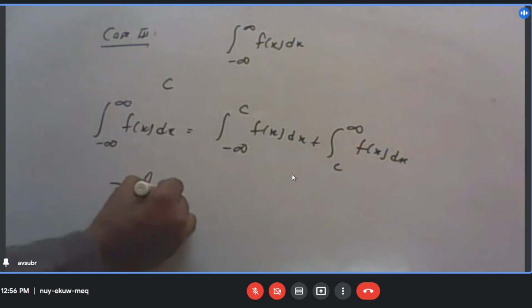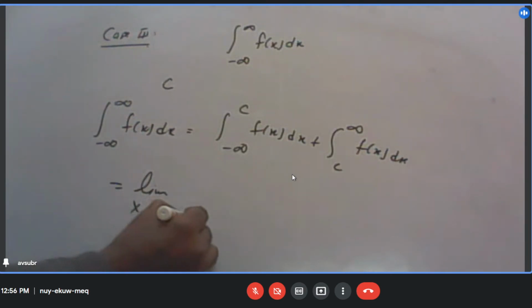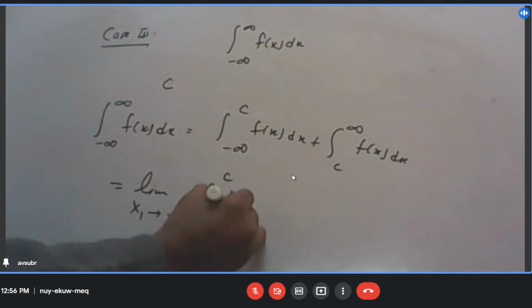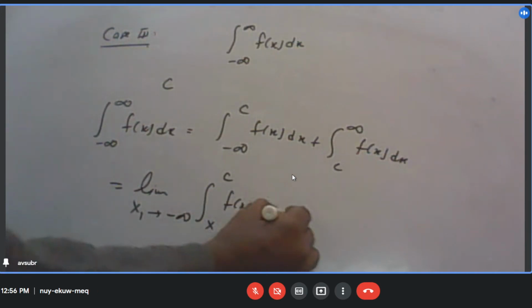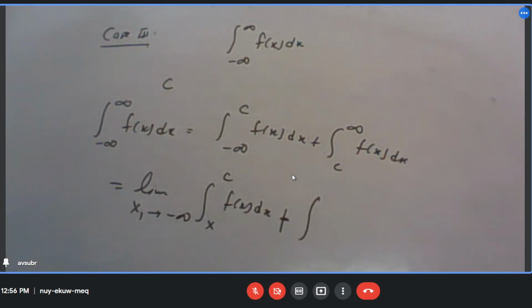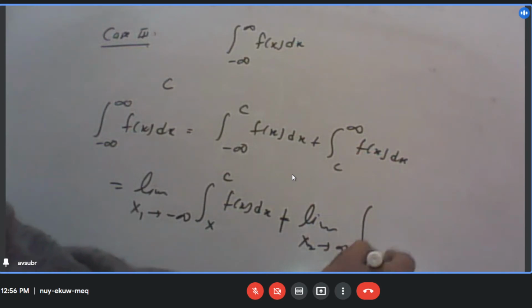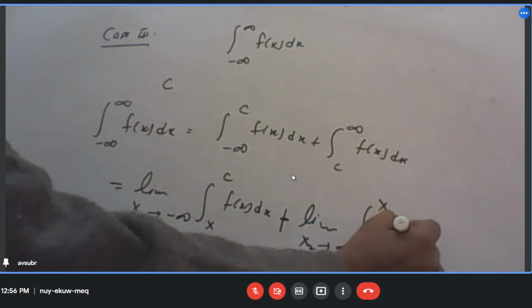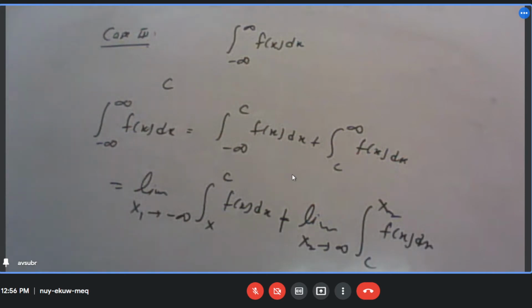Or I can write it as the limit x1 to minus infinity of the integral from x1 to C, as in case 1 and case 2 we are imposing here, plus the limit x2 to infinity of the integral from C to x2.